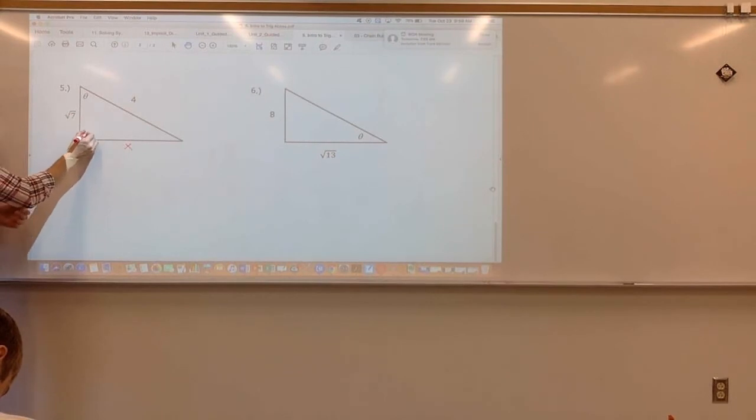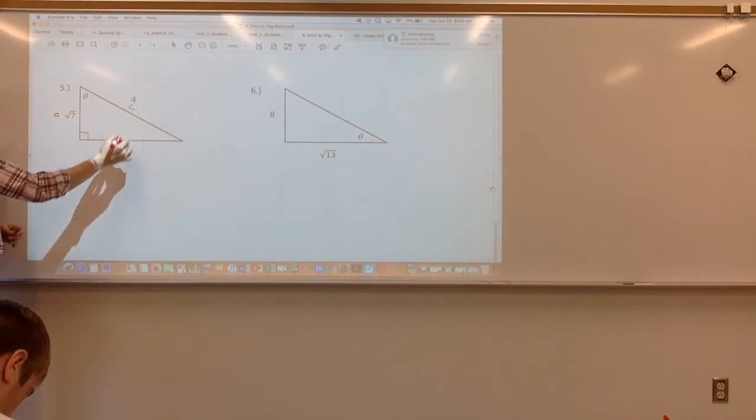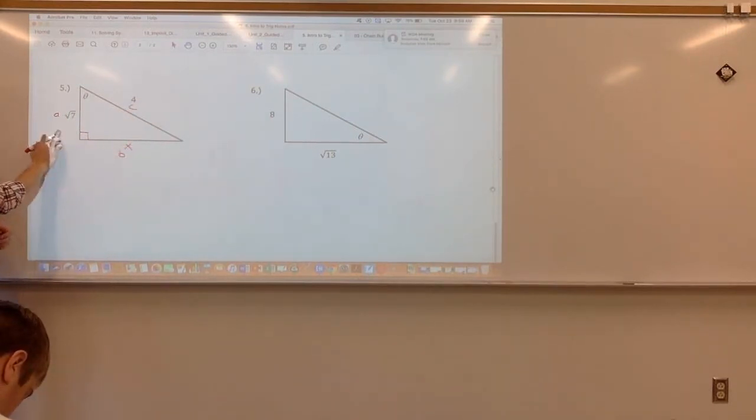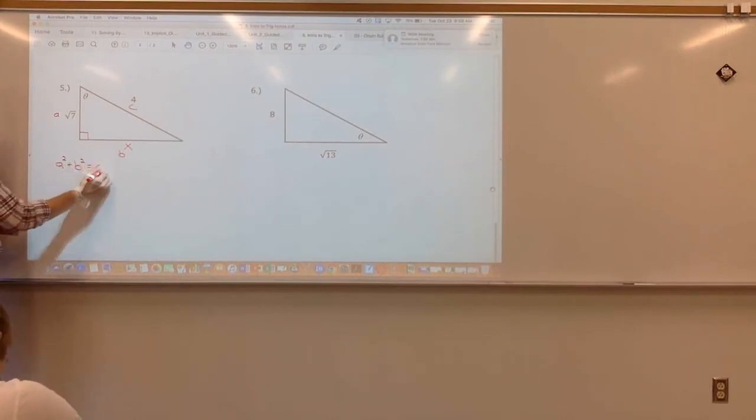Now, if we're thinking about the Pythagorean theorem, which two sides are A and B and which side is C? 4 is C, and then these two sides are A and B. It does not matter which one's A and B, just as long as the hypotenuse is C. So A squared plus B squared equals C squared. We've got the square root of 7 squared plus x squared equals 4 squared.